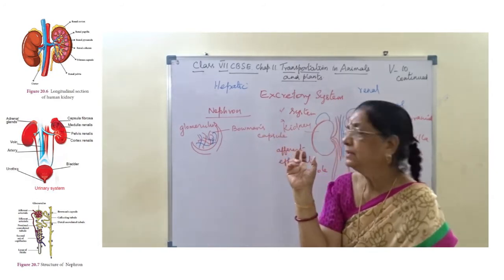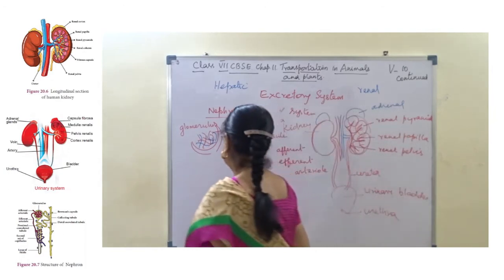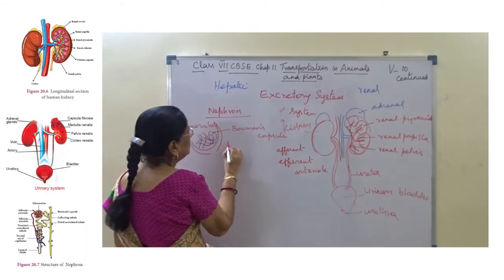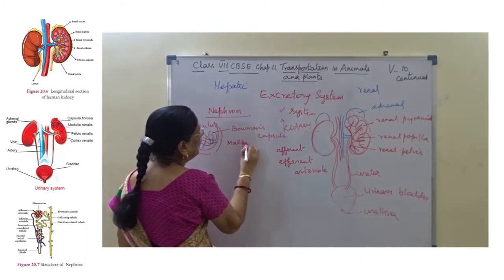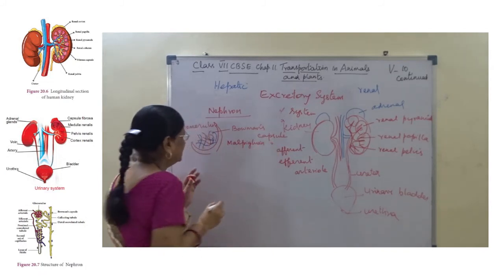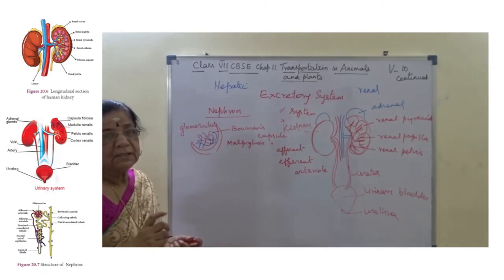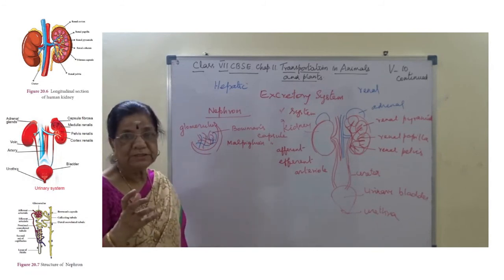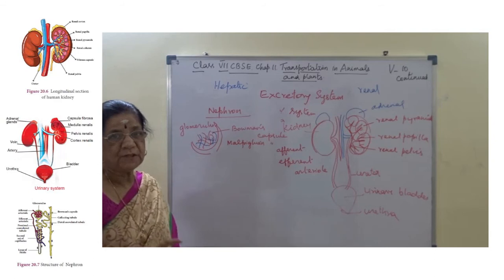I hope you understand. And then this Bowman's capsule and glomerulus together are called Malpighian capsule.